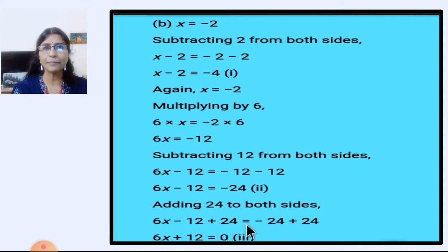And minus 12 plus 24, minus plus will do subtraction here, but the sign will be positive. So you will get plus 12 and 6x is already there. 6x plus 12 equal to 0. So this way another equation is formed. Actually here 4 equations are formed. This is one equation, this is second equation, this is third, this is fourth. So this way you can make many equations from the solution of the equation.